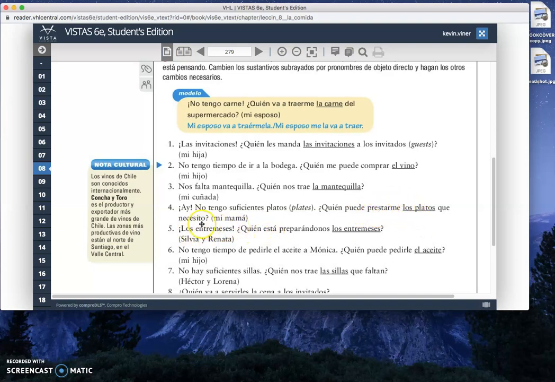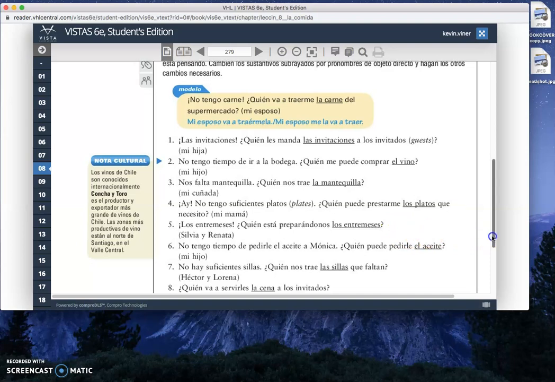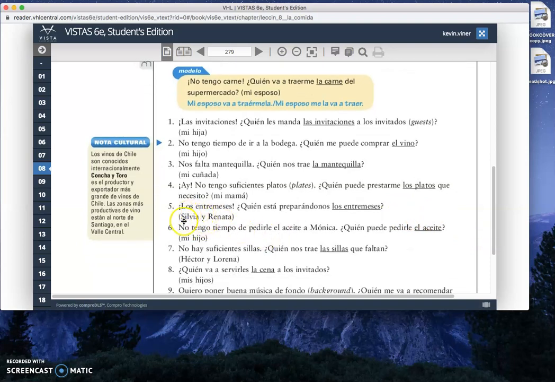Okay, uno más. Los entremeses. ¿Quién está preparándonos los entremeses? Pause. And we're back. So the people that are preparing the hors d'oeuvres are Silvia y Renata. So we would say, Silvia y Renata nos los están preparando. Careful there, it would be están, because there's two people.